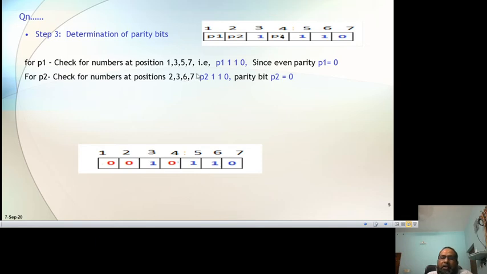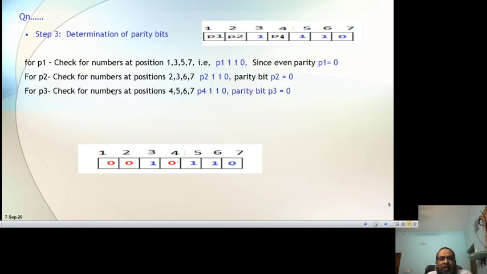Suppose there are more numbers, then you select 10, 11, skipping 8, 9, like that. That is, select 2, skip 2. So P2 you have to determine. Then position 3 is 1, position 5 is 1, position 7 is 0. So again this is an even number.